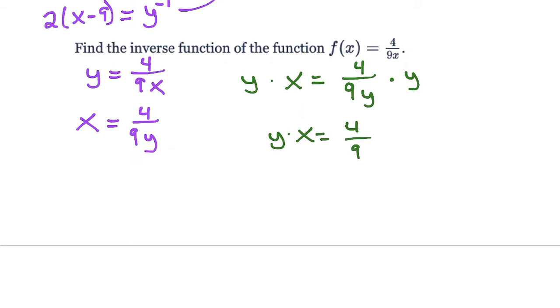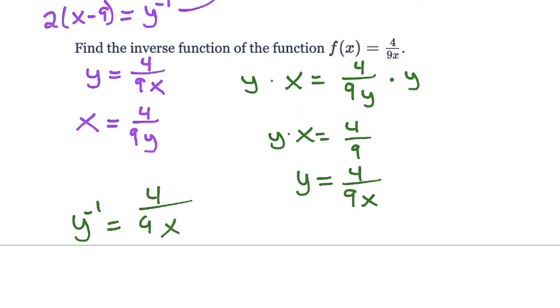Now if I divide by x, I'd have y is equal to 4 over 9x. Some of you might have done that in one step. That's just fine.